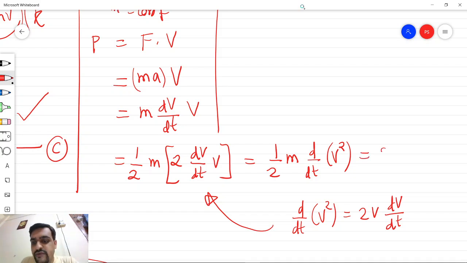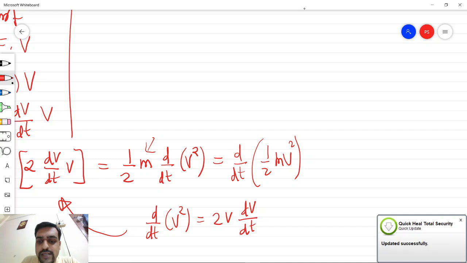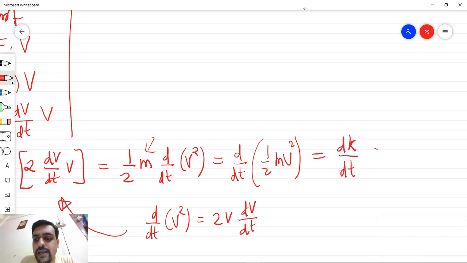Again, we can write it as d by dt of half mv squared, since mass is constant in this case, and here half mv squared is as usual the kinetic energy.